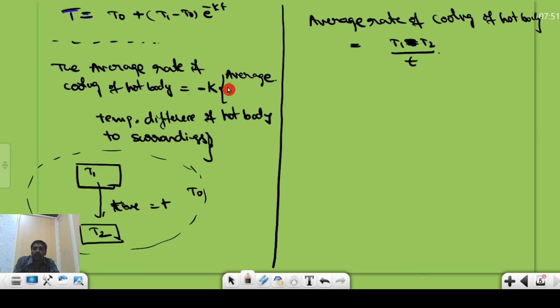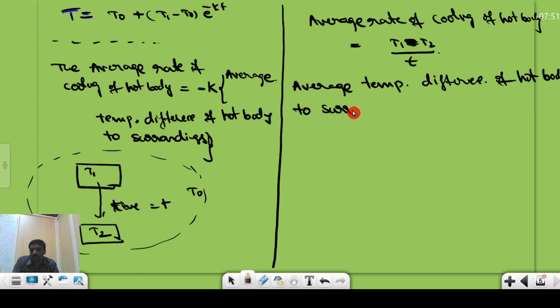So what is the average temperature difference of the hot body to the surroundings?